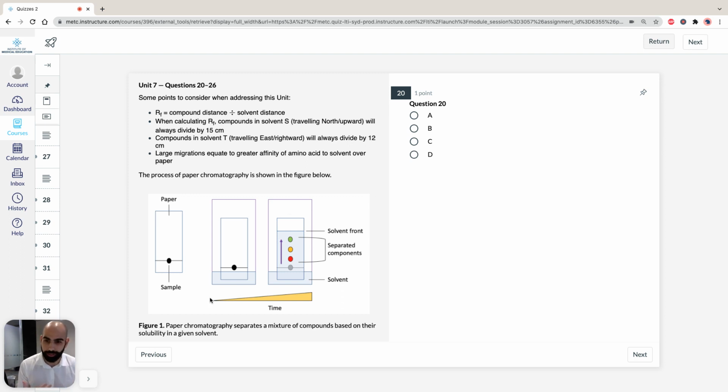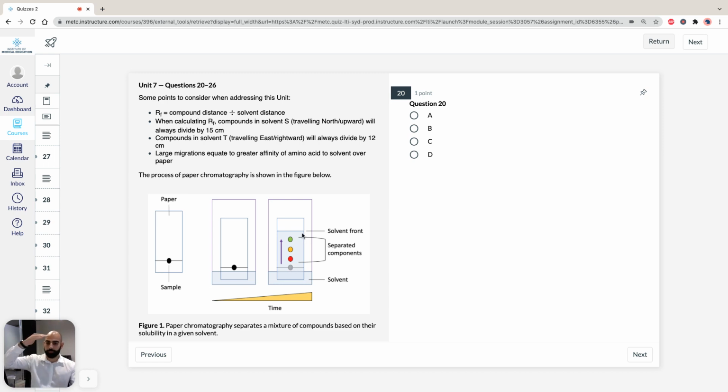If we take a look at this diagram I drew of paper chromatography, we can see that if we place our paper chromatograph into the solvent with our sample, over time the sample separates into different, in this example, amino acids.